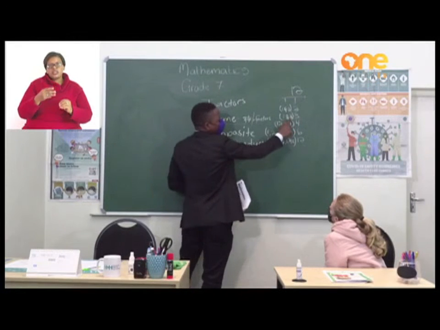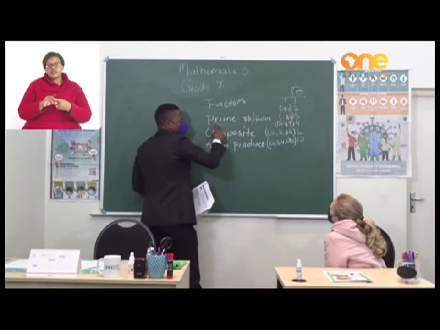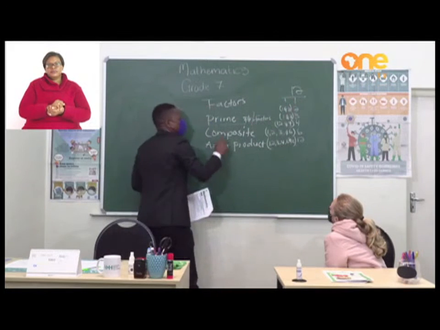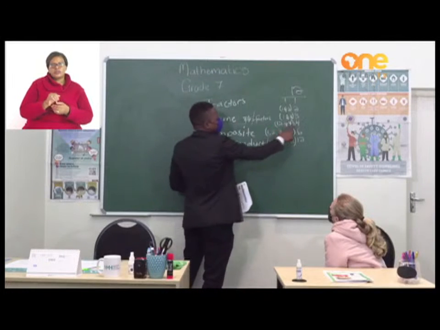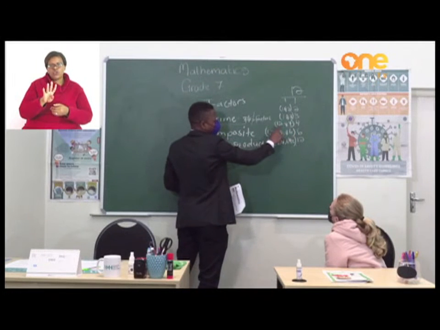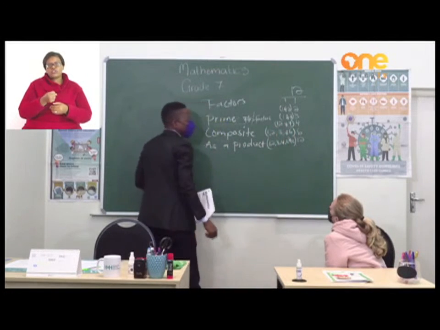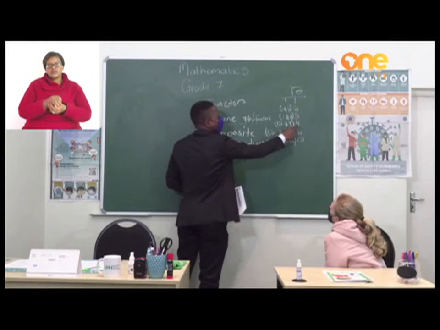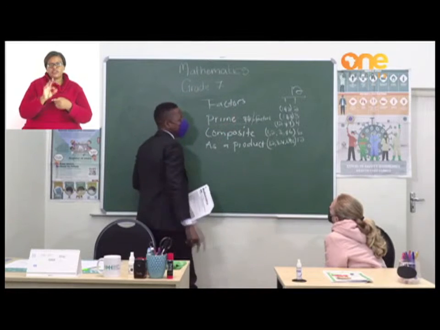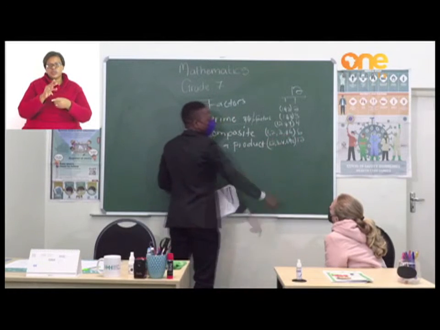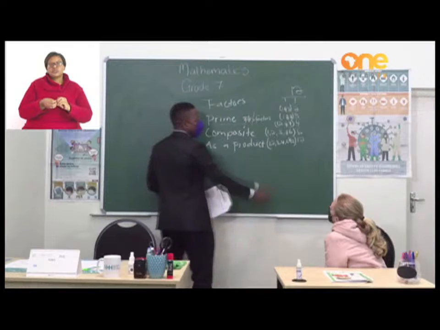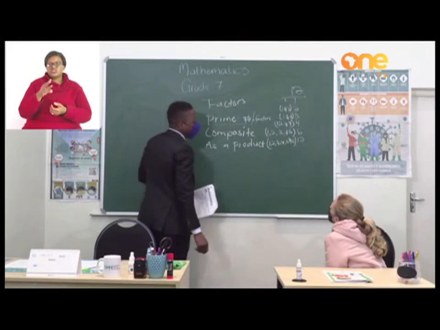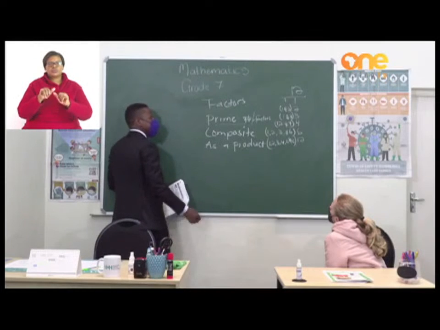3 has got two factors, so 3 is a prime factor of 12. 4 is having three factors, therefore 4 cannot be a prime number. 6 is having more than two factors, so it is not a prime number. And 12 is the same, it cannot be a prime number or a prime factor.